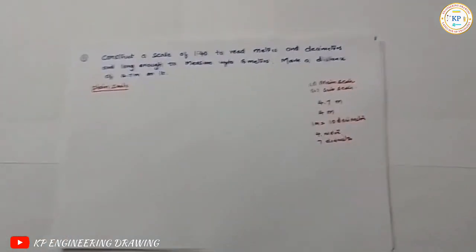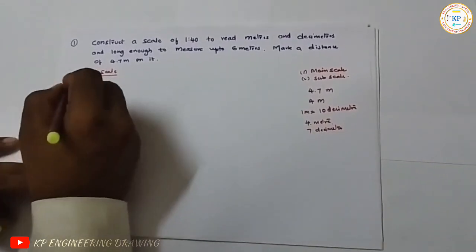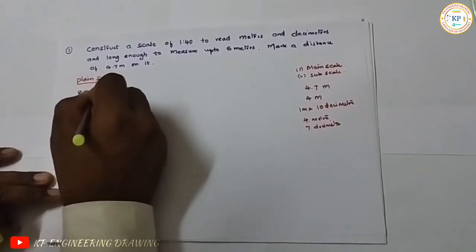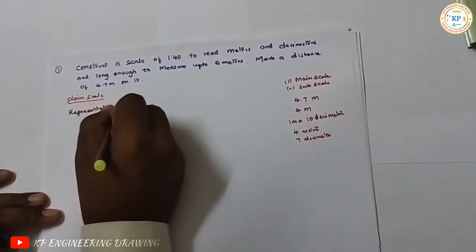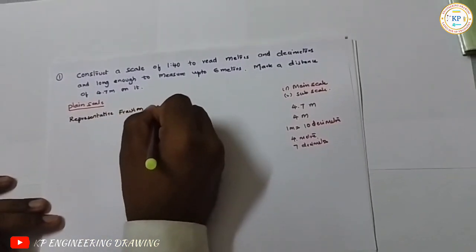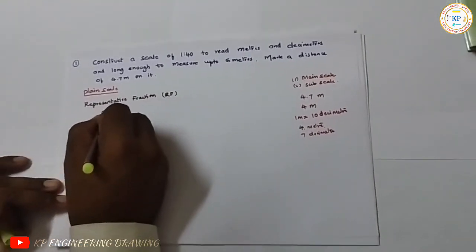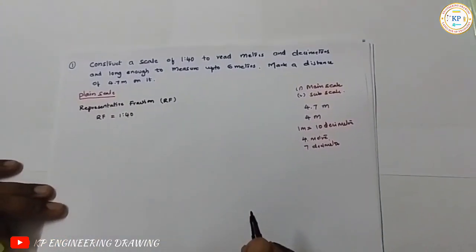Okay. So before going to construct the scale, first we need to find out the representative fraction, RF. So in the problem, RF is directly given. RF is 1:40. Right?